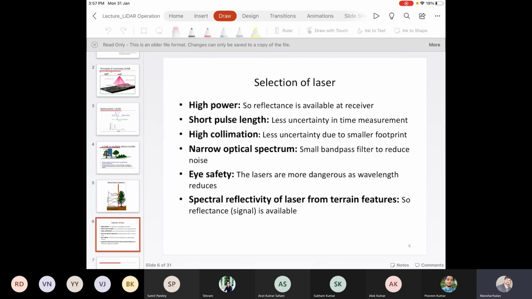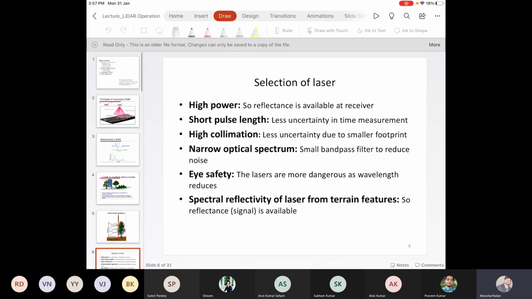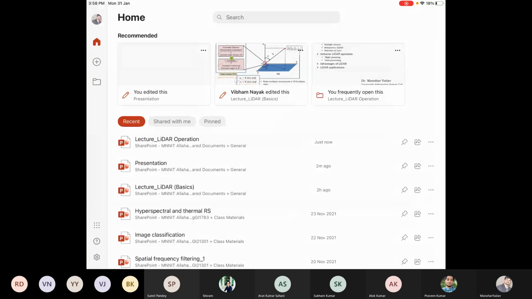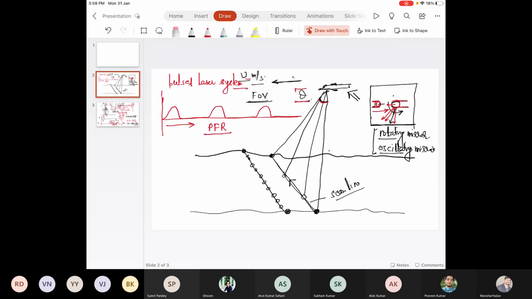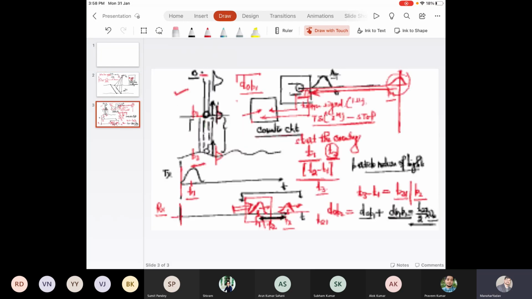Now the most important part is how we select the laser. If I go back to the discussion, over here, the first discussion is these parameters we select, and the second discussion is how the laser beam is generated as a pulse laser from the laser source.